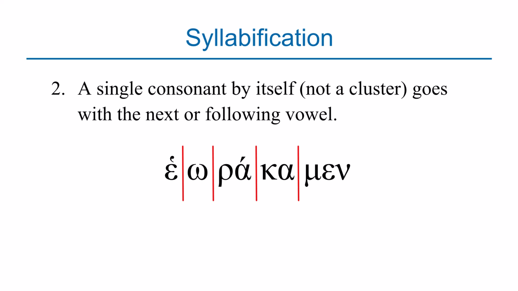So you can have 2 consonants per syllable, but you can't have 2 vowels per syllable unless the 2 vowels are a diphthong. So as you can see, there's only 1 vowel per syllable in this case because we do not have a diphthong. So a single consonant always goes with the next vowel.